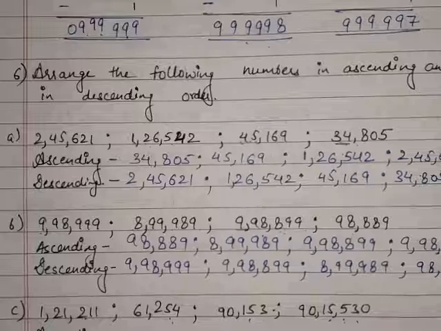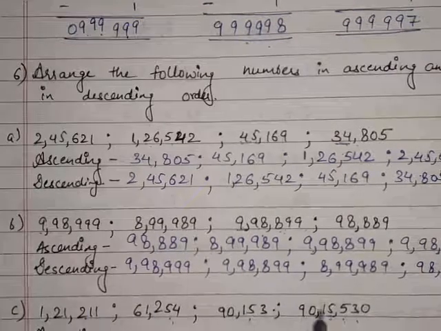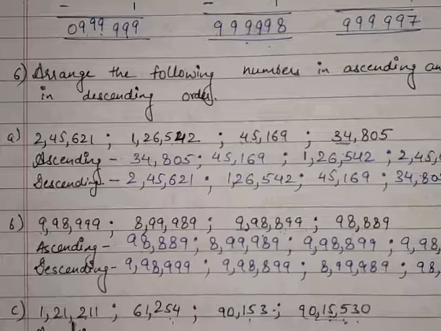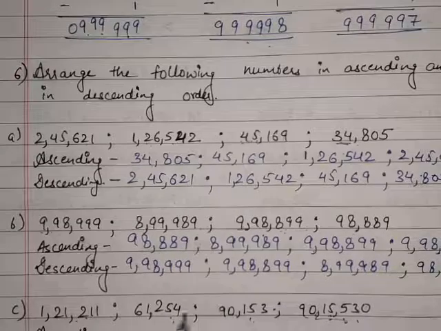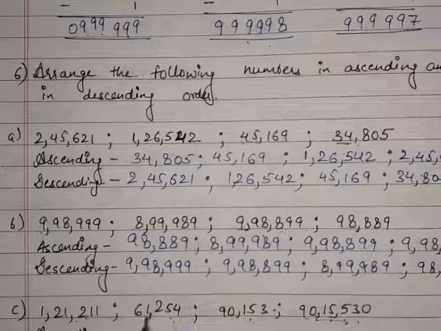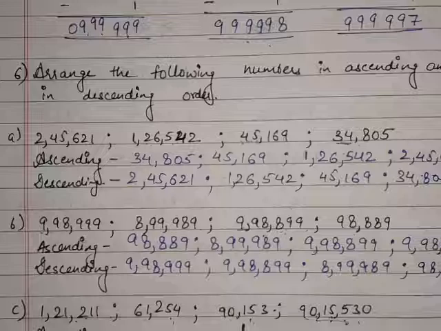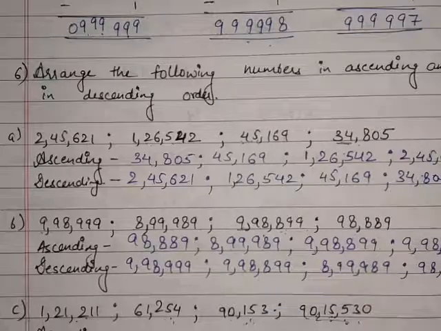So which one is the biggest number? 7-digit number is bigger than the 6-digit number. So first number in the descending order will be this, then 6-digit number, then see these both are the 5-digit number. We will see 61 and 90. Which one is greater? 90 is greater than 61. So then which number will be greater? This 90,153, and the smallest number will be 61,254.